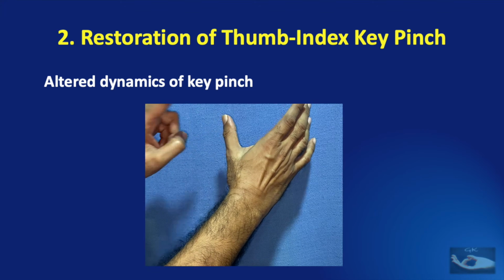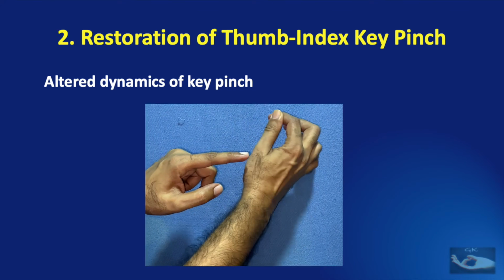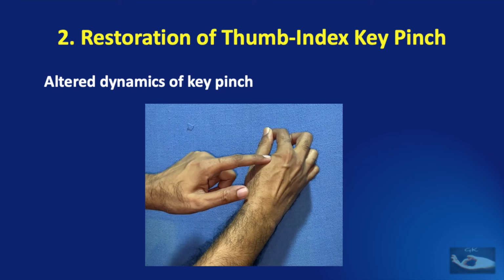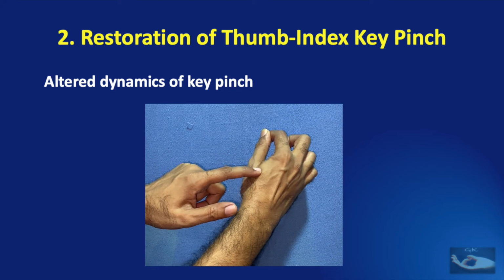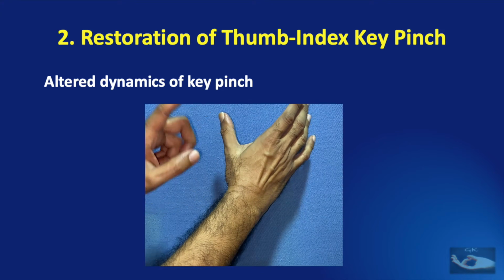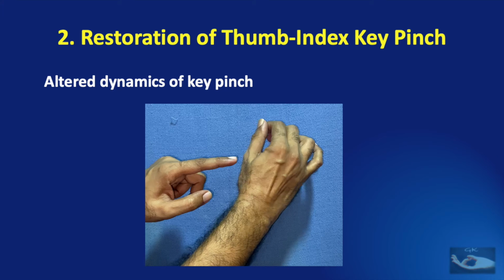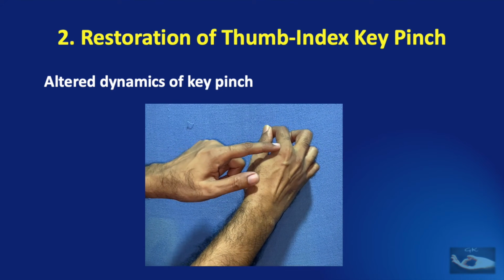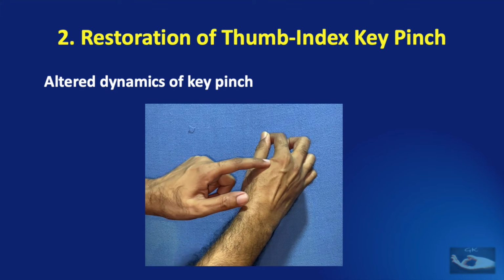Normally, thumb adduction is mainly by the adductor pollicis and the first dorsal interosseous muscle, these two muscles acting as a force couple. So, both the adductor pollicis and the first dorsal interosseous contribute significantly to the force of thumb adduction. In ulnar palsy, there is 80% loss of power pinch.